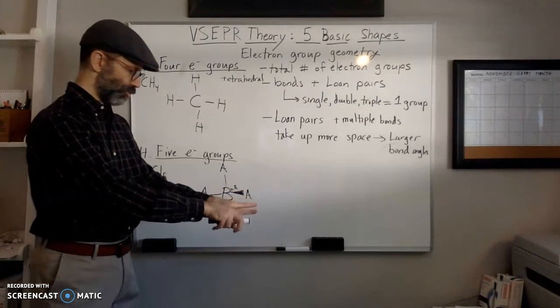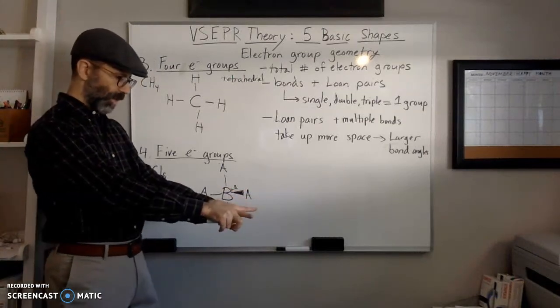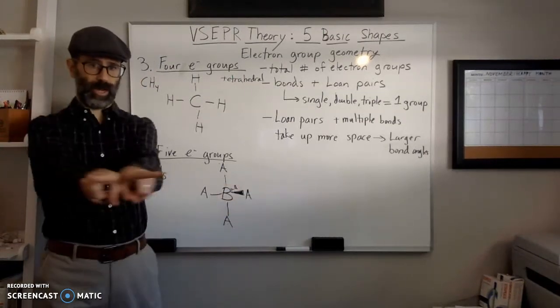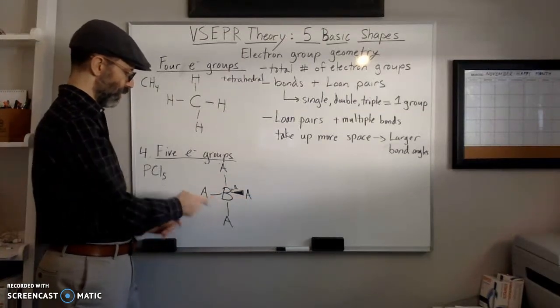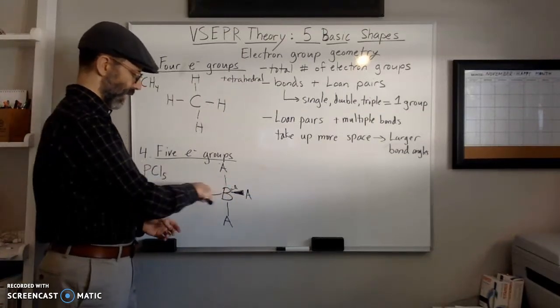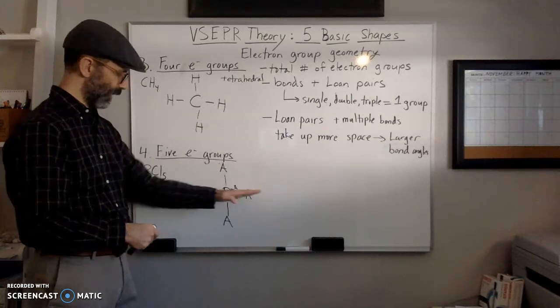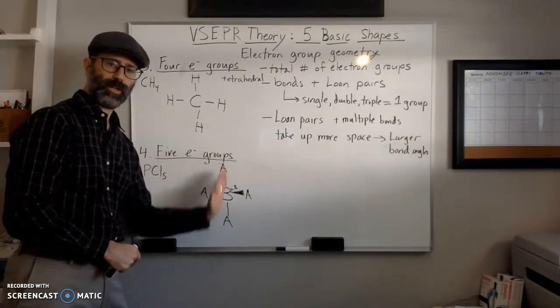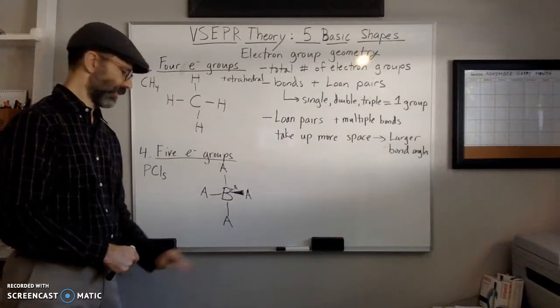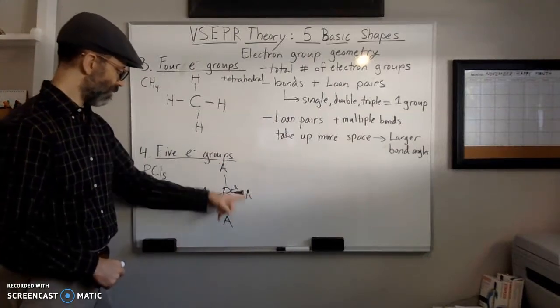So I have my 2 A's here coming out of the board like this, right? So like that, they're coming out of the board. And this one is in the board. So it's making a triangle in the plane here. And then here, these guys are perpendicular from each other. So there's a straight line here. So that I have 5.